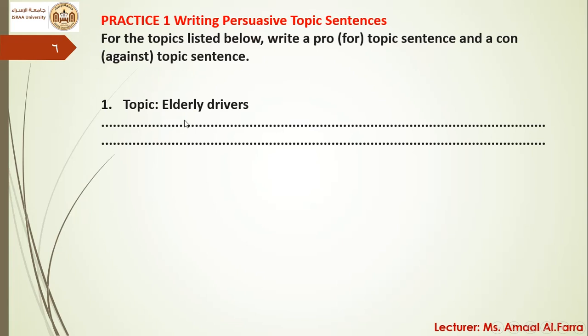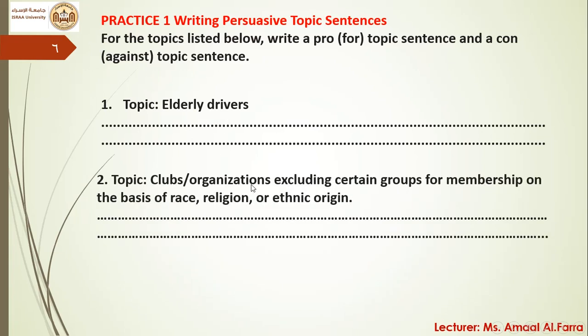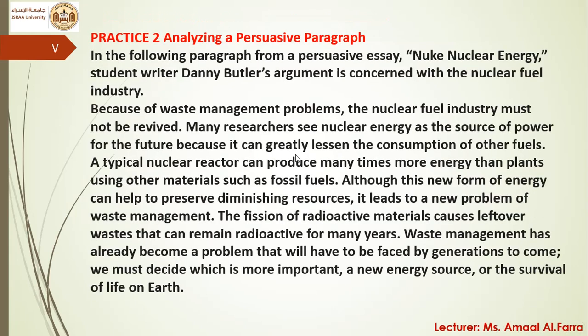One is arguing for having elderly drivers. The second is arguing against having elderly drivers. You are going to do the same with the topic of clubs and organizations excluding certain groups for membership on the basis of race, religion, or ethnic origin. This will be an activity for you to do at home.